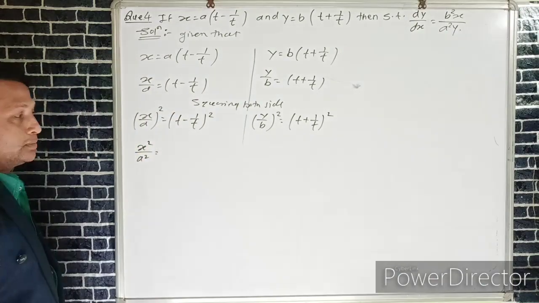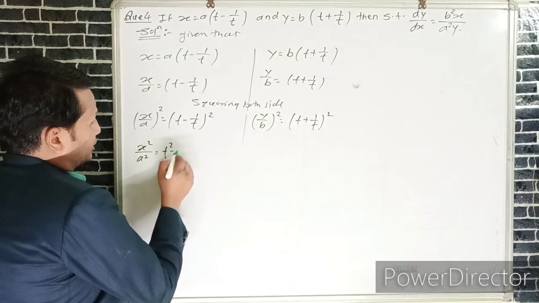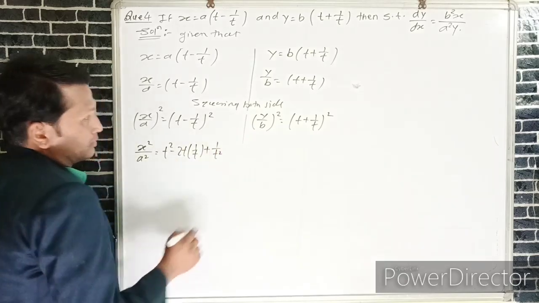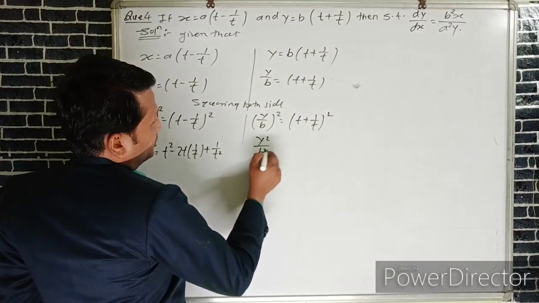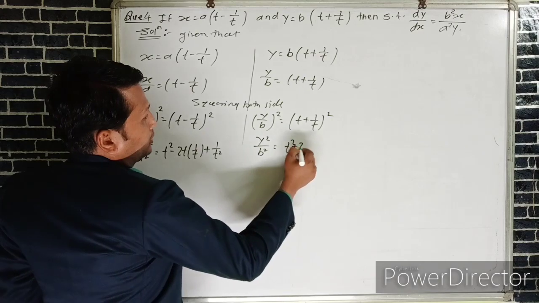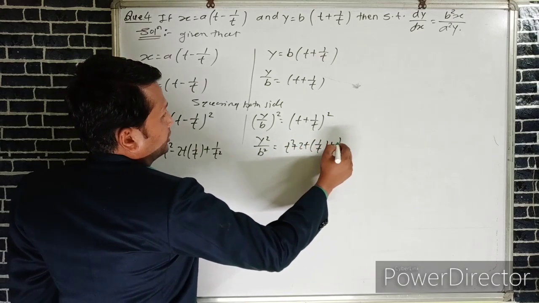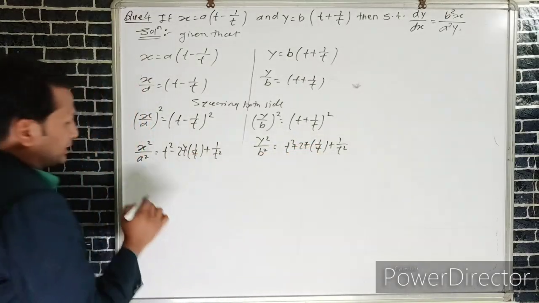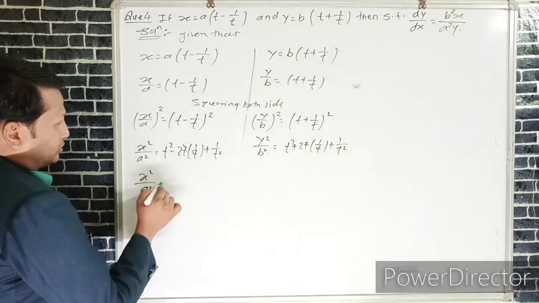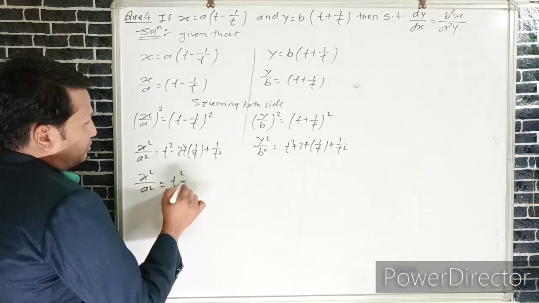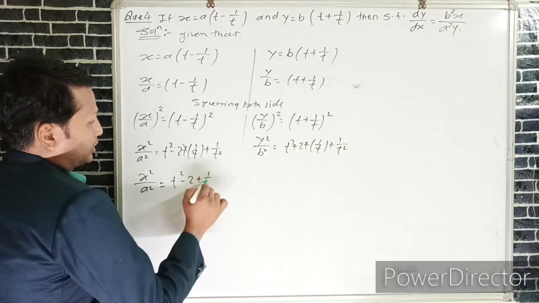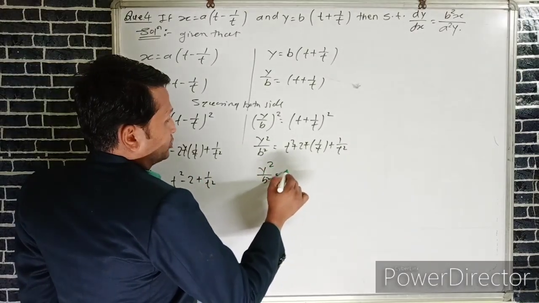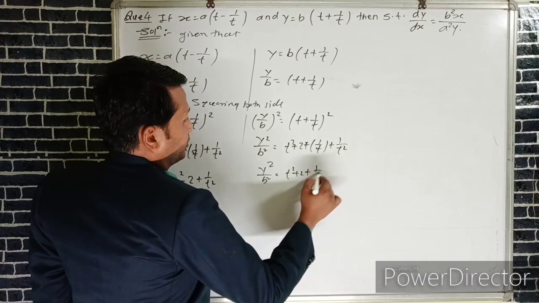By using a minus b bracket square, we can write t square minus 2 into t into 1 by t plus 1 upon t square. Again we can write y square upon b square equals t square plus 2t into 1 by t plus 1 upon t square. Here again t cancels, here again t cancels. We can write x square upon a square equals t square minus 2 plus 1 upon t square. Y square upon b square equals t square plus 2 plus 1 upon t square.